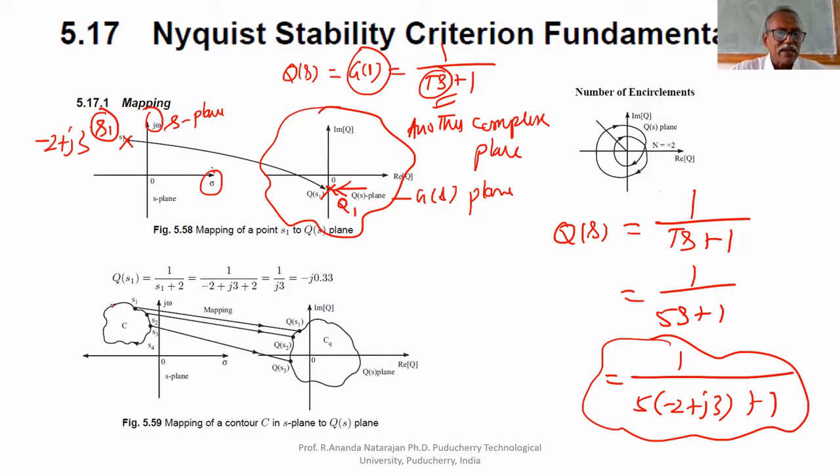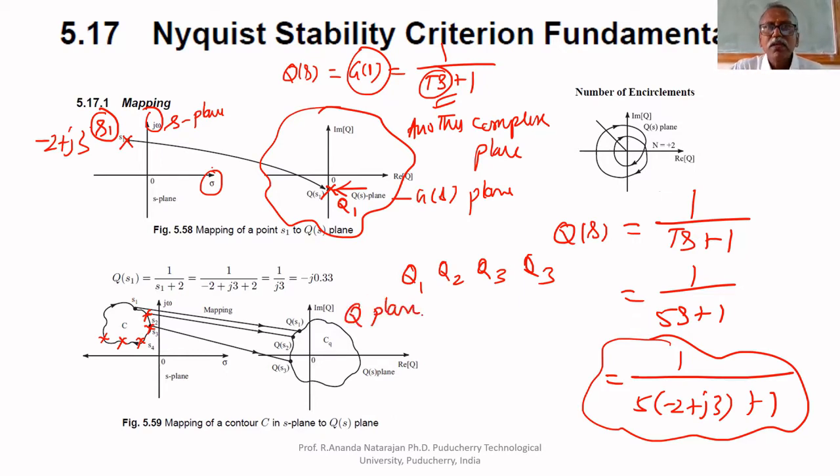Like that, I can take many points. S1, S2, S3, S4, S5, S6. Like that, I am taking many points and substituted in Q of S. I will get Q1, Q2, Q3, Q4 like that. I plotted in another plane called the Q plane. Why it is called the Q plane? Because the S plane point is substituted in the function Q and I got complex numbers. That's why this plane is called Q plane.